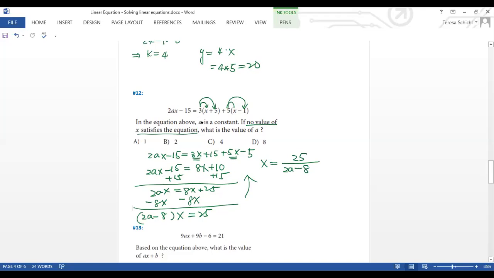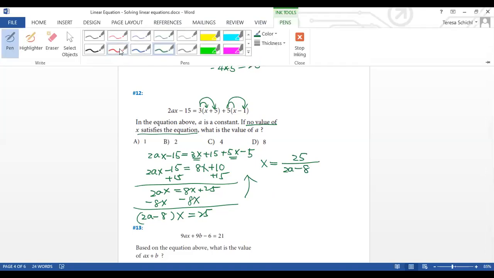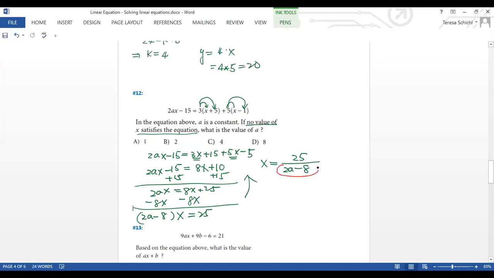So we know a can be any number except whatever makes the denominator equal to 0. If the denominator equals 0, I know there's no solution, right? That's why I said a can be any other number, I can always find a solution for x here. So if 2a minus 8 is equal to 0, then a is equal to what? a is equal to 4. So when a is equal to 4, then x has what? It has no solutions here.